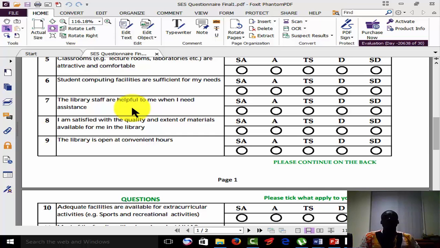Are there more? Are these the facets of the library that will make us able to judge the quality of service of what? Of the library?